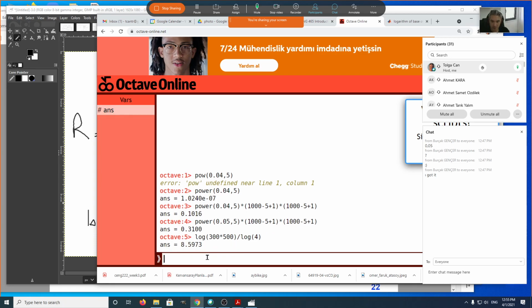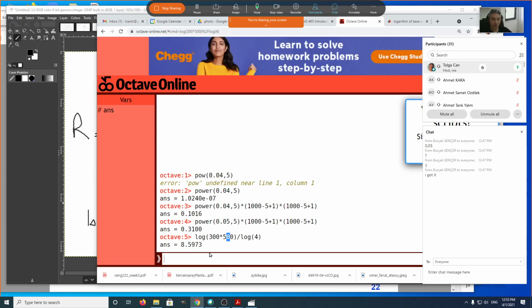So it's 8.5. So if you got a matching run of length 8 in the case of DNA sequences, you shouldn't be surprised at all. Because if you have DNA sequences of length 300 and 500, observing an exact match of length 8 in your alignment is something totally expected.